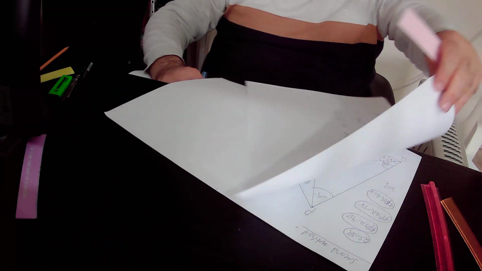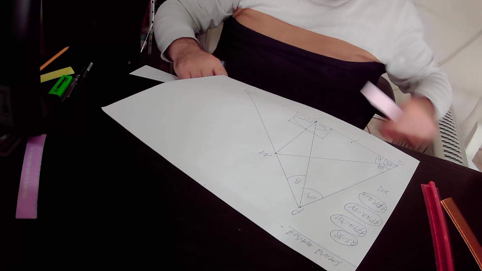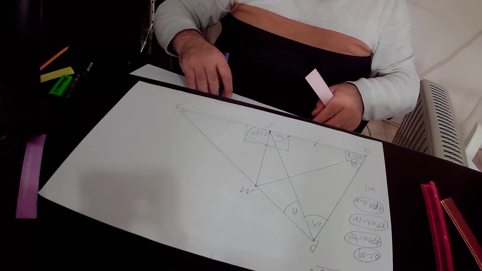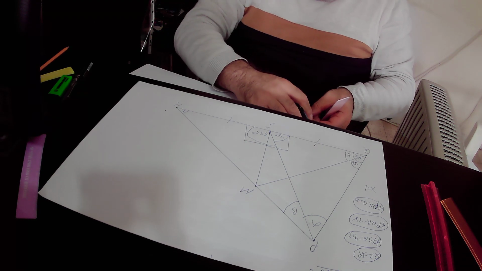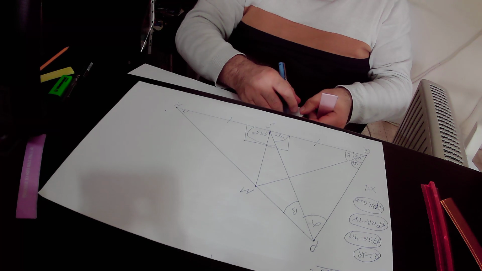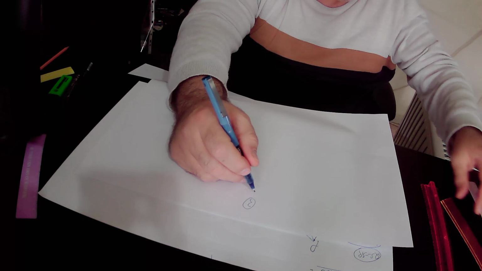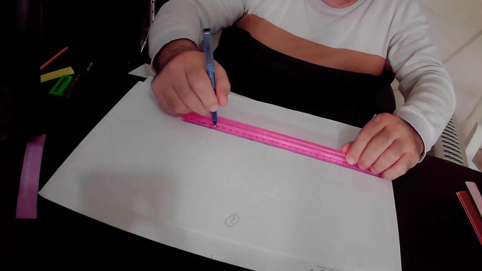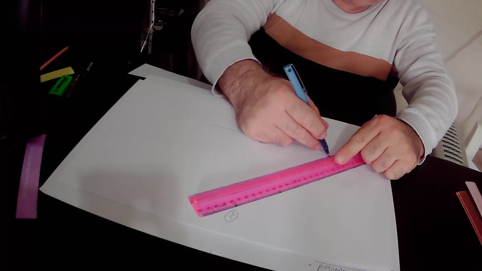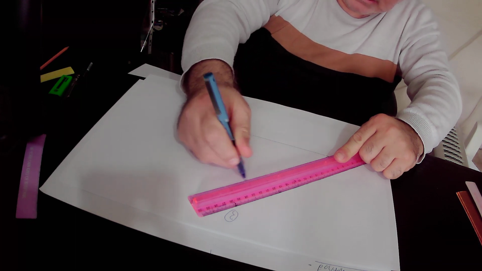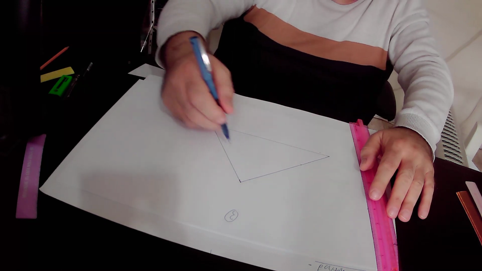The meaning of rule number 4 is that if we have a triangle ABC, so this is triangle ABC.